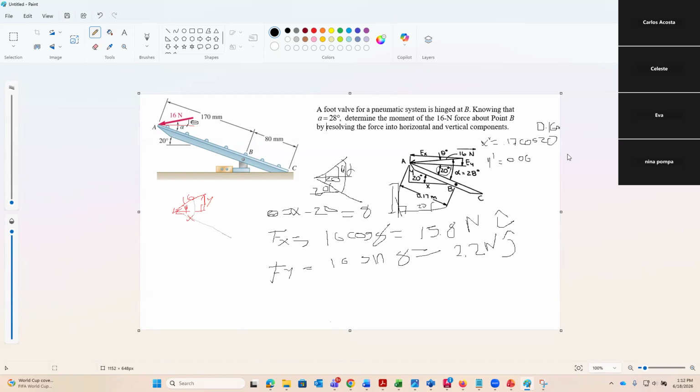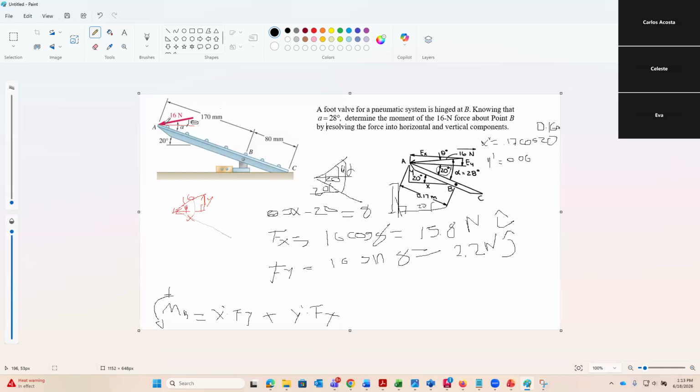Okay. So finally, the moment with respect to B, where I am calling out that any rotation counterclockwise is positive, is equal to the force in X times the distance in Y. So that distance X prime times Fy plus the distance Y prime times Fx.